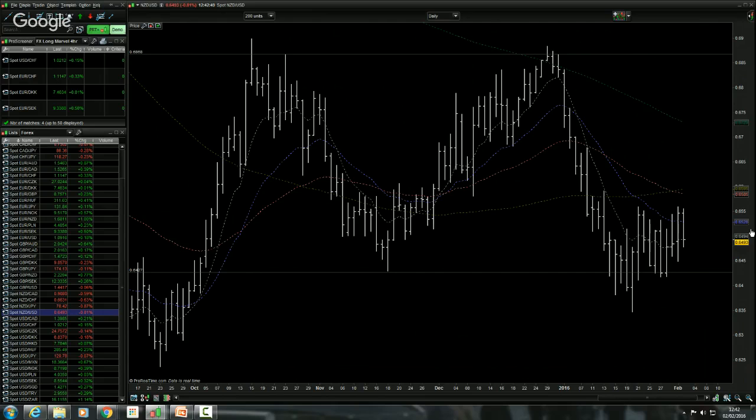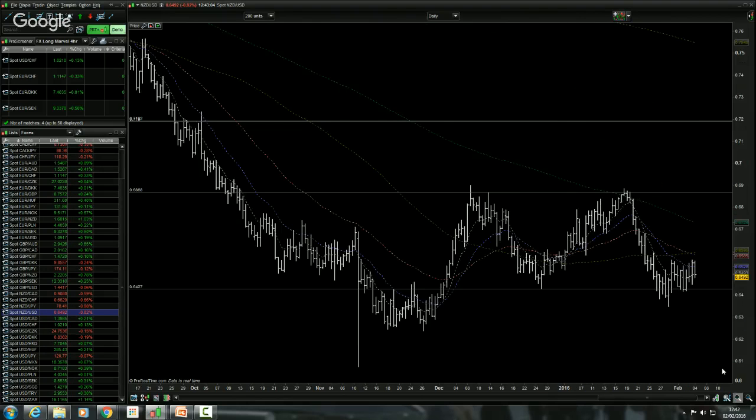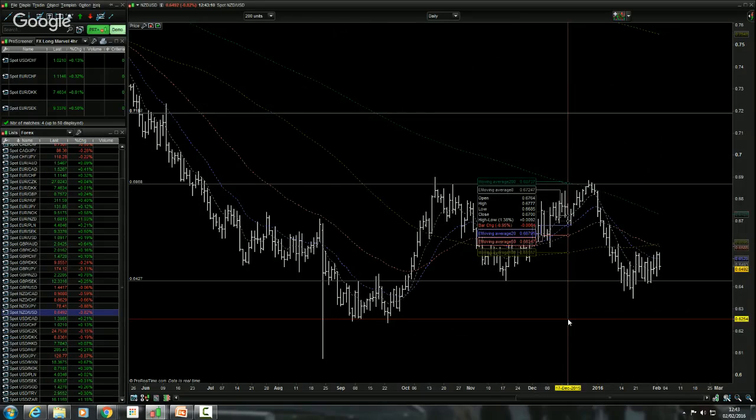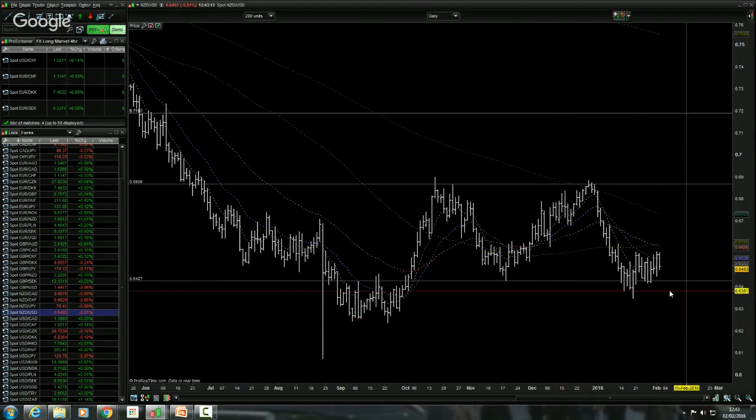Again, I would watch for the news announcements out today on New Zealand dollar in terms of its employment numbers and the dairy price. If we do trigger this low and it is negative, then clearly, I think we're going to at least test these previous lows here. Okay, and look, you might not be around for the announcement, you might miss it, you might wake up in the morning, and it might already be trading down here.